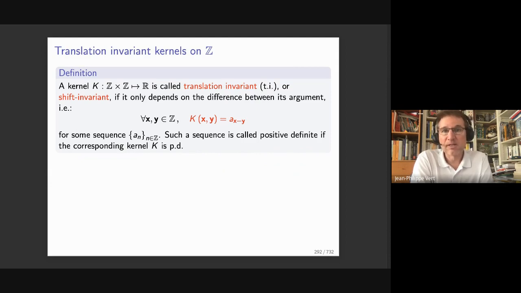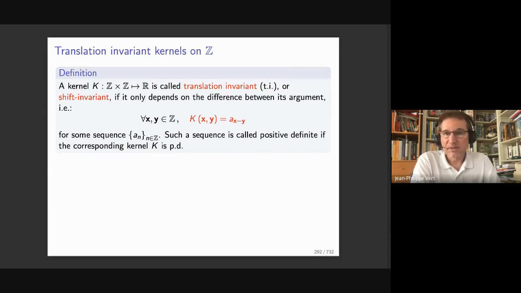So in particular, translation invariant kernels are completely characterized by just a sequence of numbers, which we will call a_n when n is in Z, that characterizes the value of the kernel between two integers x and y as the index x minus y.